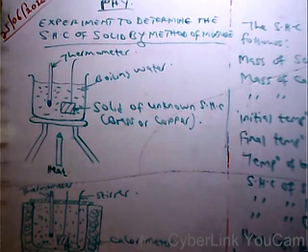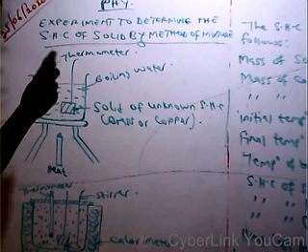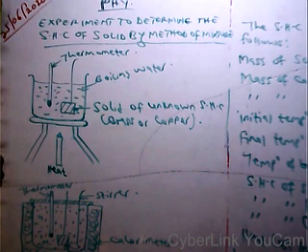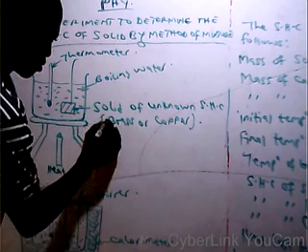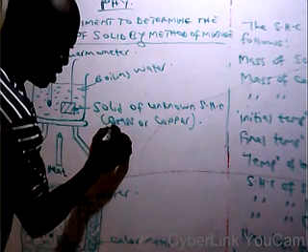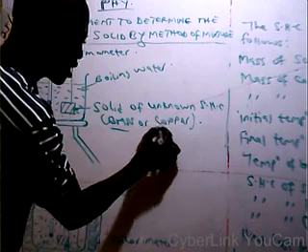And let's now look at what this experiment is all about. Now, how do we use the experiment to determine the specific heat capacity of a solid? The first thing we need to note is that if we want to use this experiment to determine the specific heat capacity of a solid, the liquid we are going to use must have a known value of specific heat capacity. For instance, I want to determine the specific heat capacity of solid metallic brass, or solid metallic copper.